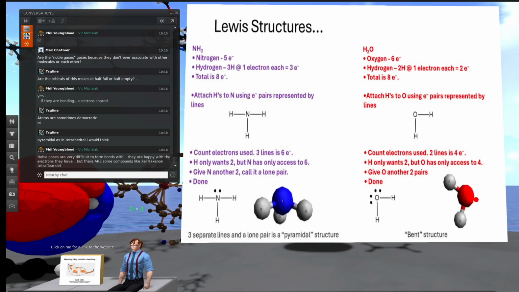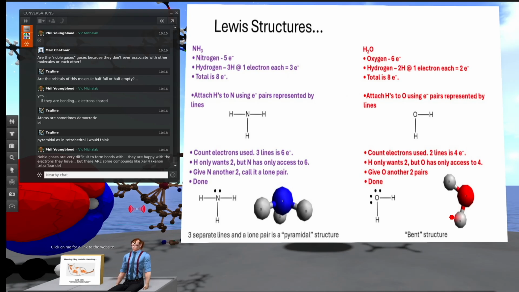And oxygen is still in the center of a tetrahedron of electron density. It's just that the 2 lone pairs would be invisible to us. And we would have a bent looking structure. And so you can make predictions about structures from how the electrons are being shared.